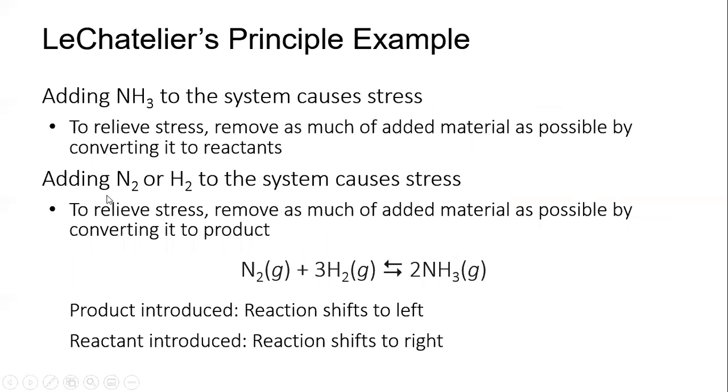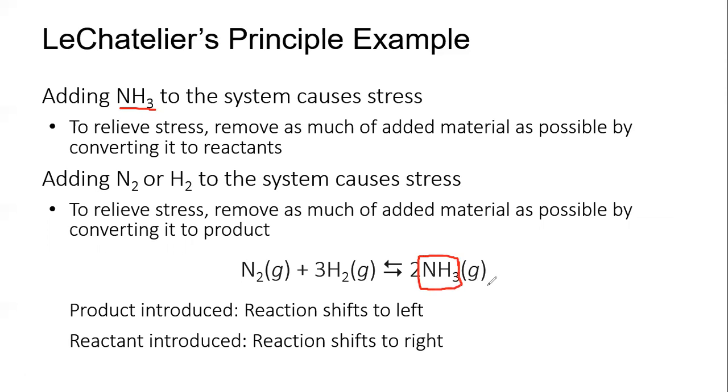So the first one is adding a reactant or product. So if you add a reactant, it's going to shift to make more product until equilibrium is reestablished. Whereas if you add a product, it's going to shift to make more reactants until equilibrium is reestablished. So here if we add more NH3, NH3 is a product.